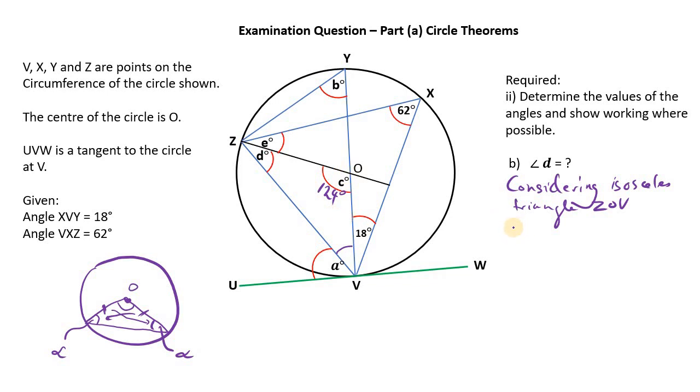We have the base angles are equal, right? And the sum of angles equals 180 degrees. That's an important point. Therefore, we can say angle D plus angle D plus 124 is equal to 180 degrees.